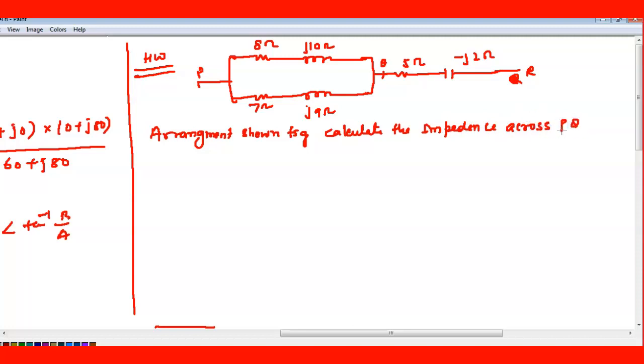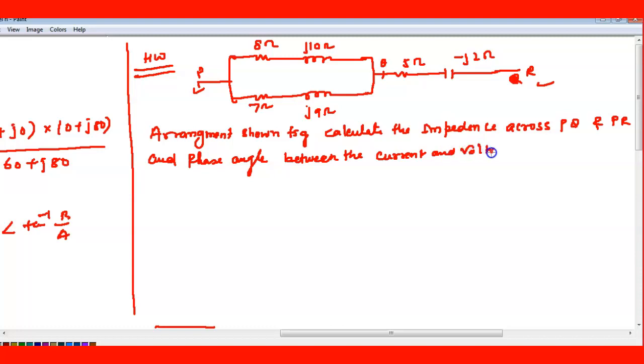First you find PQ, and total you also find, PR from P to R. And the phase angle between the current and voltage. Okay, this one you find.